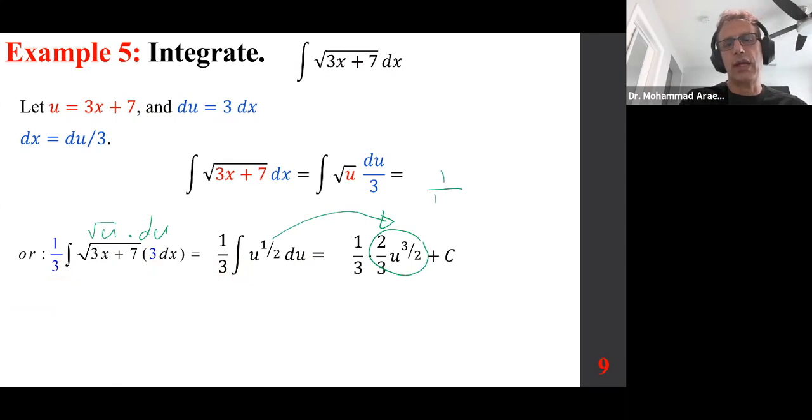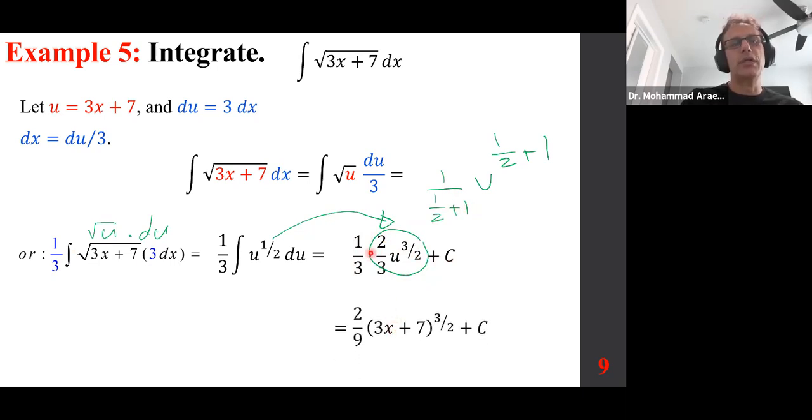Because 1 over 1/2 plus 1, u to the power of 1/2 plus 1. We've done this many times before. 1/2 plus 1 is 3/2, so the reciprocal of that is 2/3. This is what we get now: 2 over 9, u to the power of 3/2, and u is replaced by 3x plus 7.